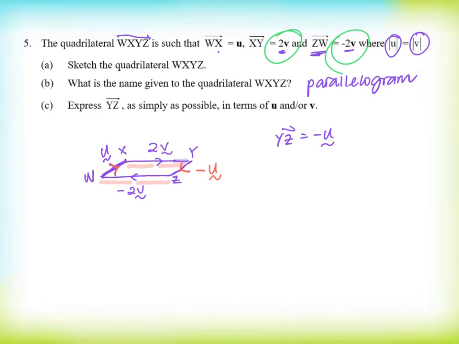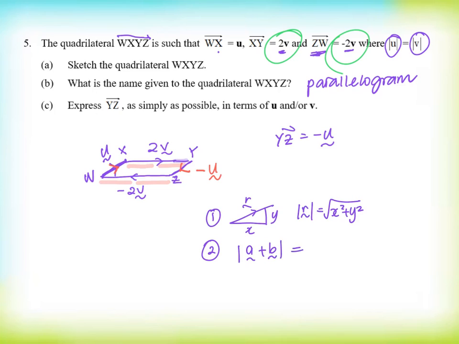We have come to an end to this part of the chapter. Let us summarize some of our learning points. Number 1, to find the magnitude of a vector, we need to use the Pythagoras theorem, where the magnitude of vector R will be the square root of x squared plus y squared. Property number 2, the magnitude of A plus B is not the same as the magnitude of A plus the magnitude of B, due to the triangle law of addition.